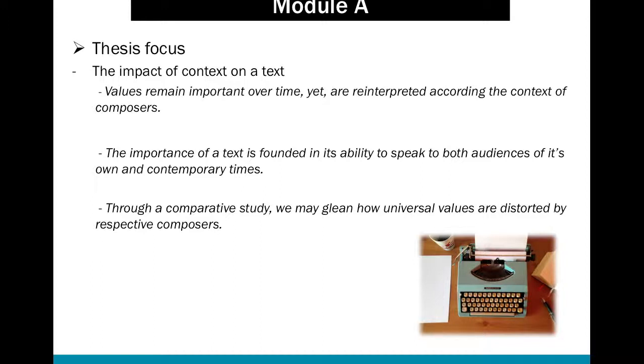This just goes to the conceptual nature of your thesis and what you should be aiming for. So make sure the first sentences of your essay look something like this. Of course, these are all structured around the comparative focus of the module.